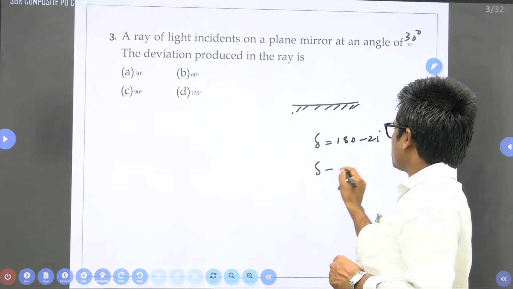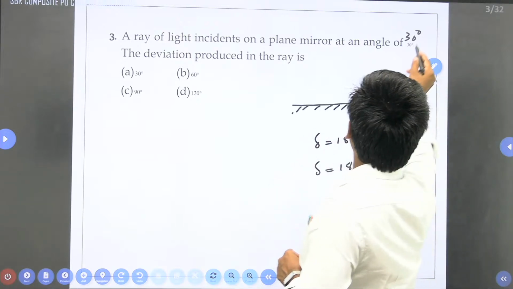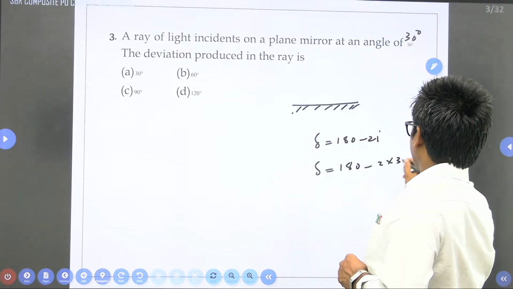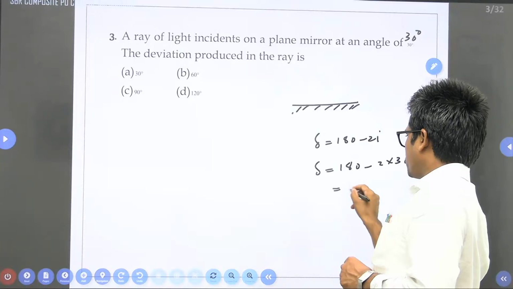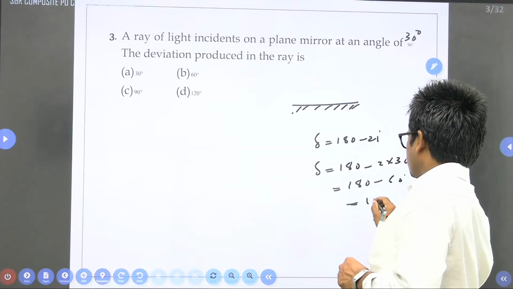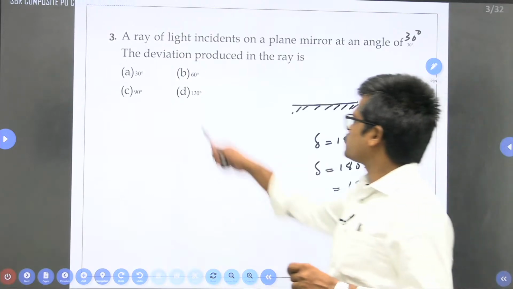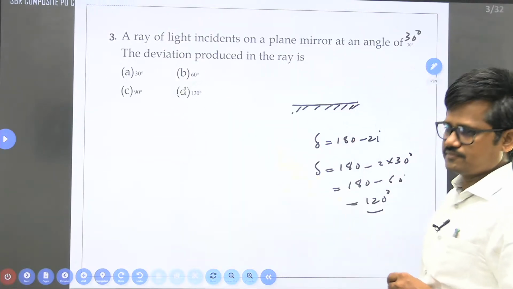So what is the angle of incidence here? 30 degrees, they have given already. Therefore, it will be 180 degrees minus 60 degrees. Is it 120 degrees deviation we are getting? 120 degrees. So D option is correct.